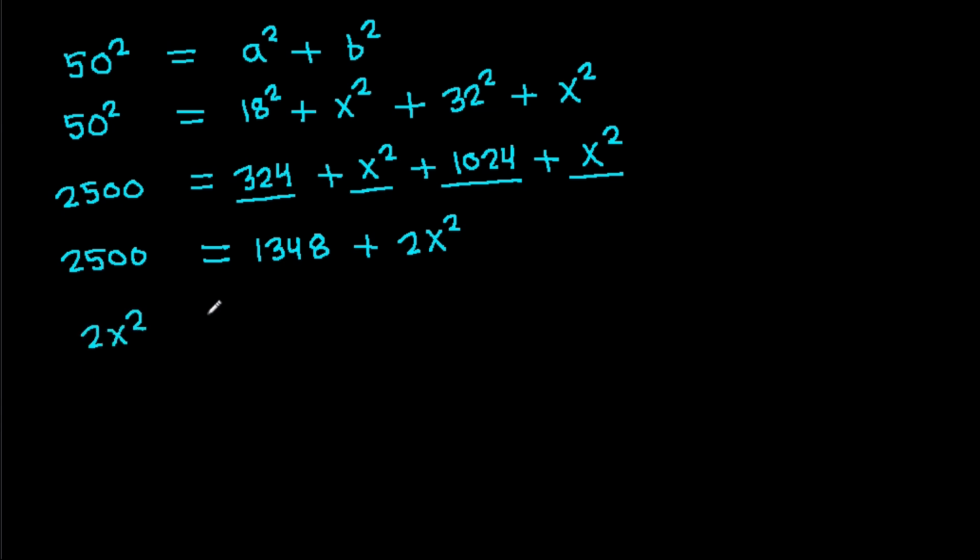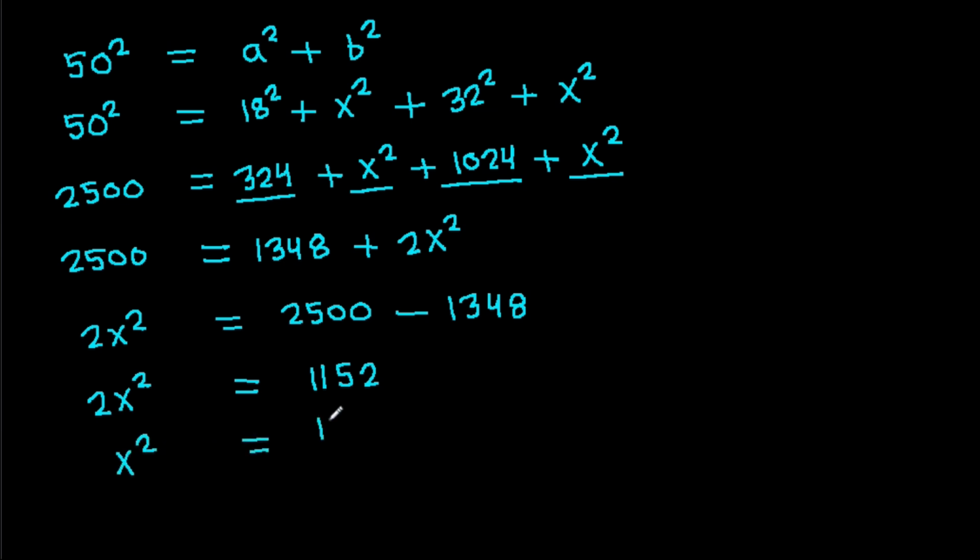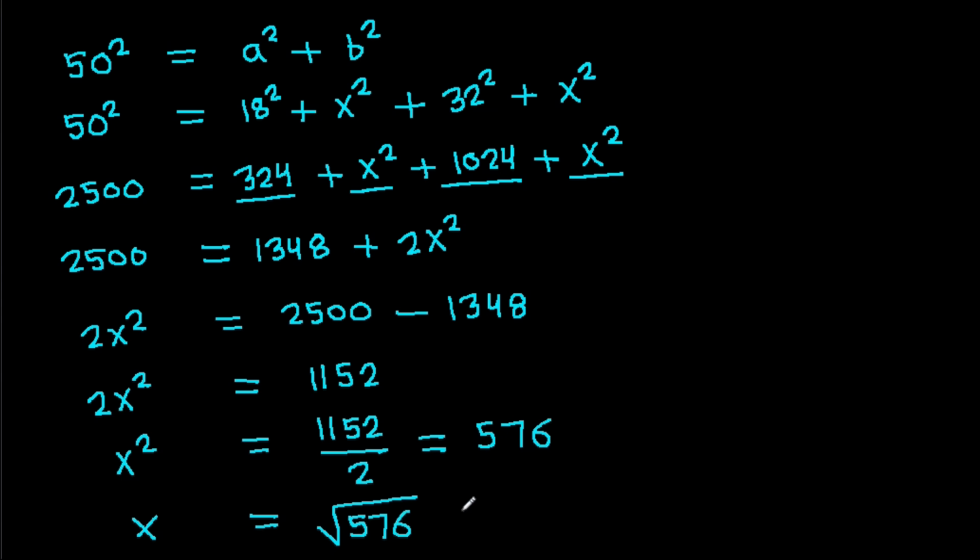So 2X square, it will be 2500 minus 1348, and 2X square, it is 1152. So X square, it will be 1152 by 2, that will be 576, and X, it will be a square root of 576, that will be 24.